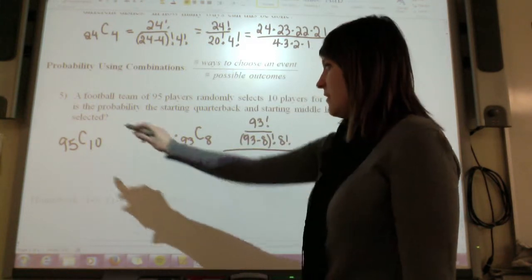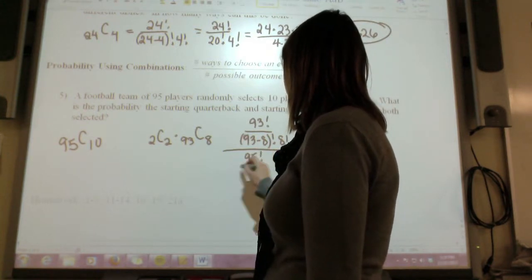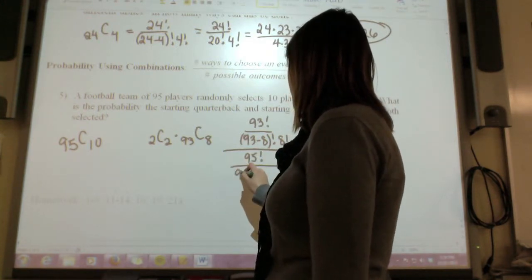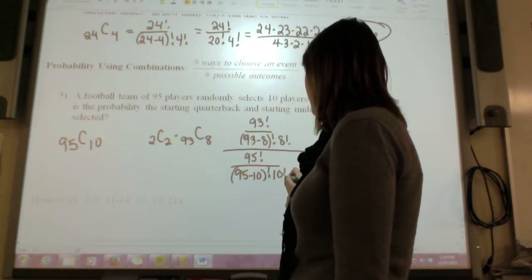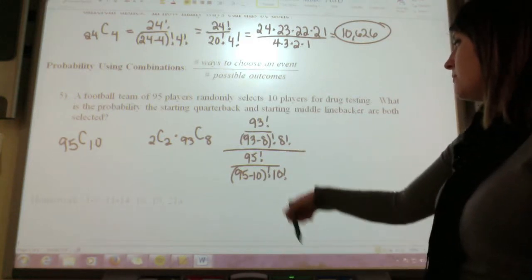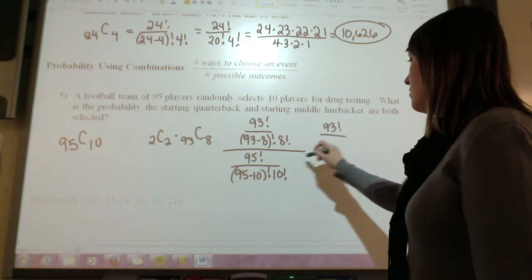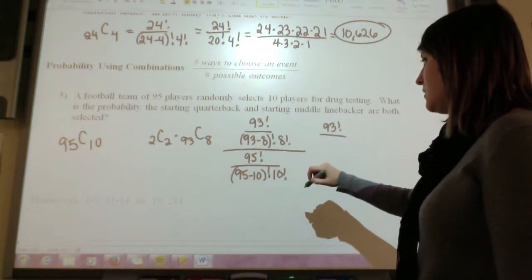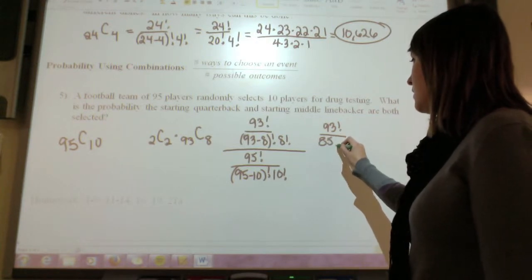That whole thing is divided by my 95 choose 10, which is 95 factorial over (95 minus 10) factorial times 10 factorial. If I simplify this, it's 93 factorial over 85 factorial and 8 factorial.